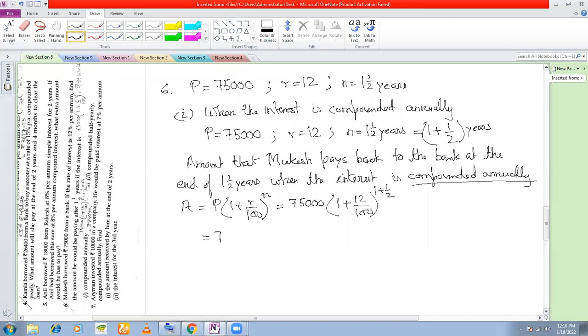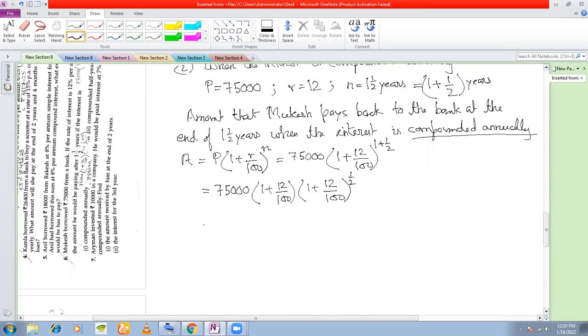How do you work this out? 75,000, you write this as 1 plus 12 by 100 into 1 plus 12 by 100 to the power of half. Just as earlier I taught you, now here comes the important step. 75,000 into 1 plus 12 by 100.